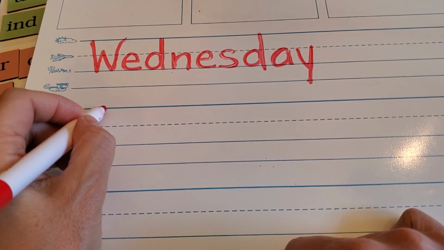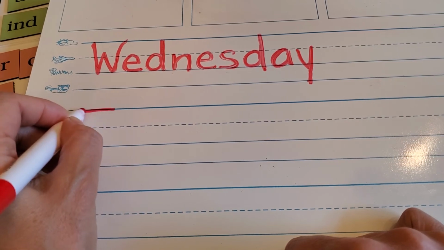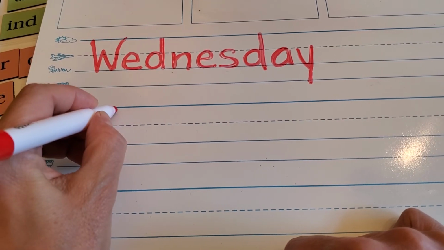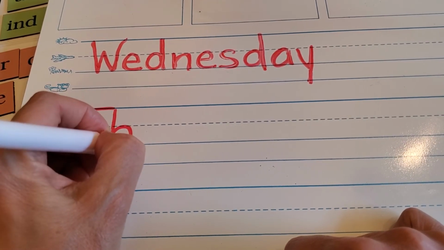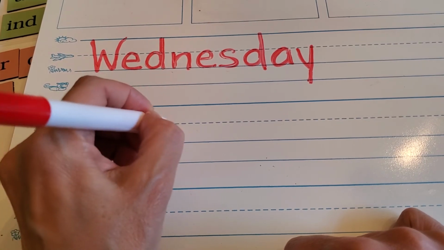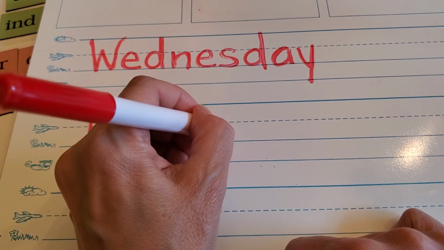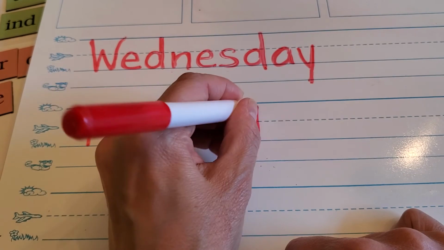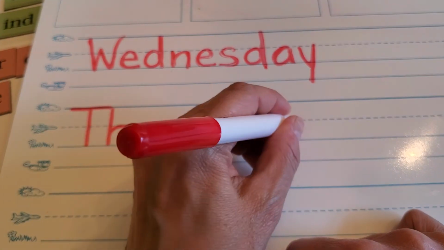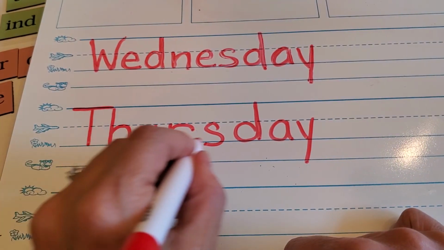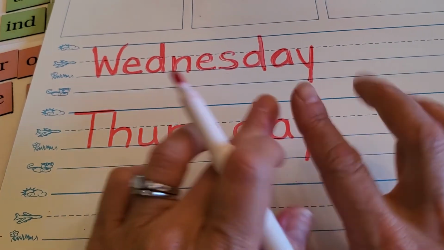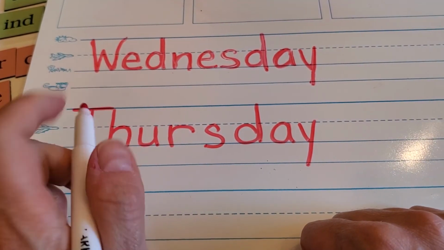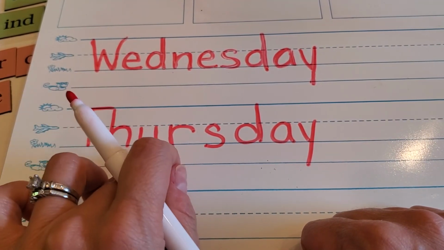Let's try Thursday. All right, write it with me. Capital T. Write it in the air, okay? H-U-R-S-D-A-Y. Thursday. Now we know how to spell day. That's easy. We know TH. Actually, we know UR says right?